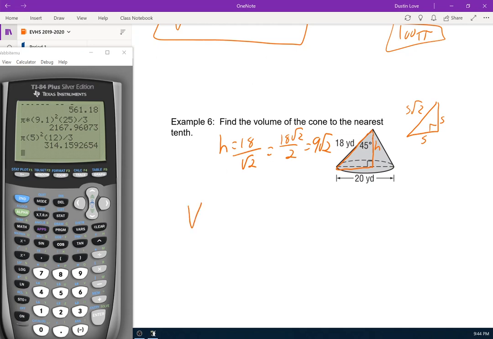Now, let's do our volume is 1/3 pi r squared h. 1/3 times pi. Now, radius, we're given the diameter of 20, so the radius is 10 squared, times the h, which is 9 root 2.